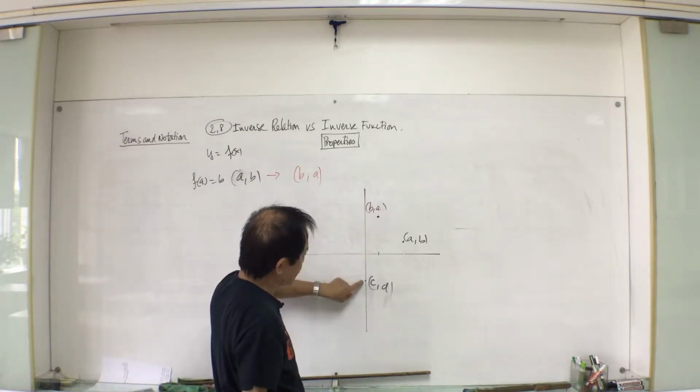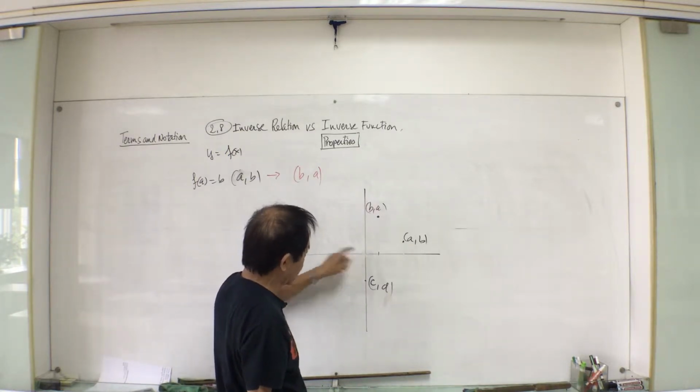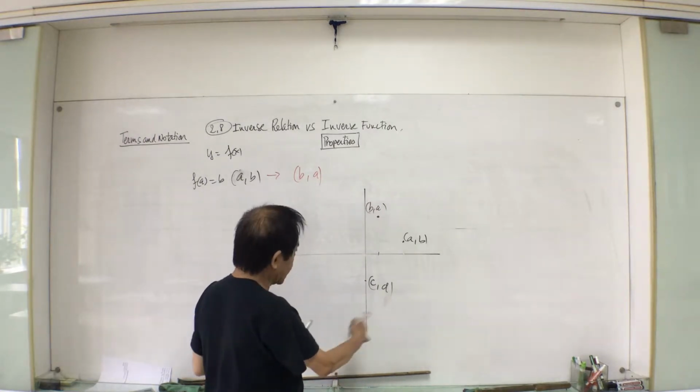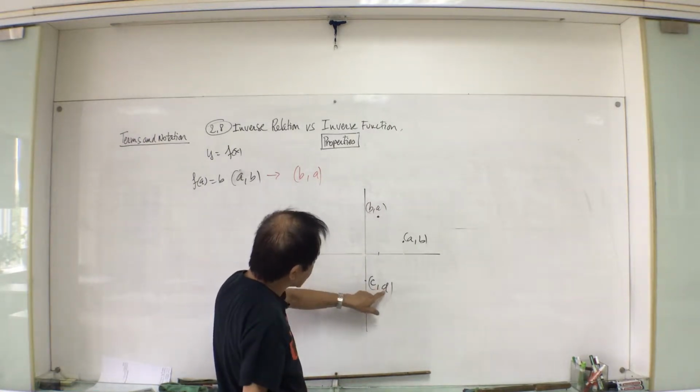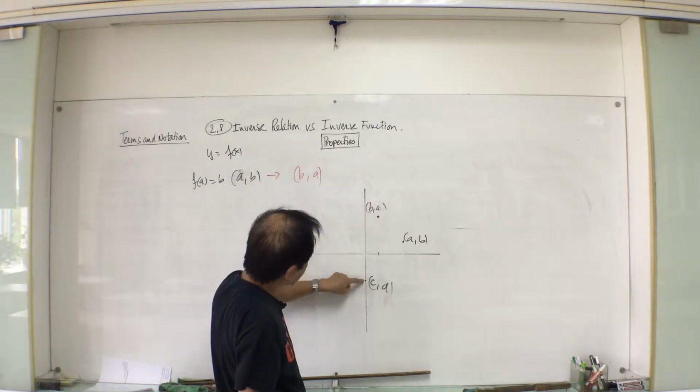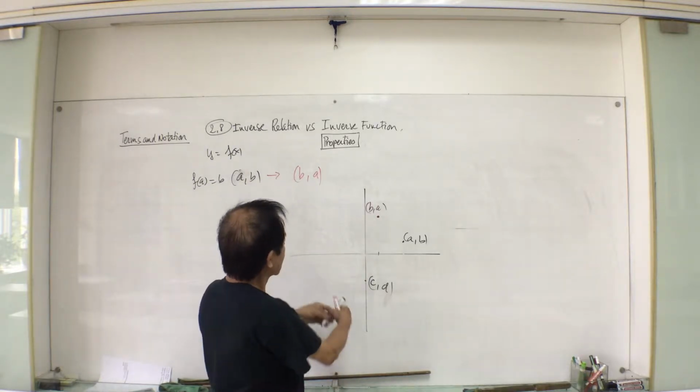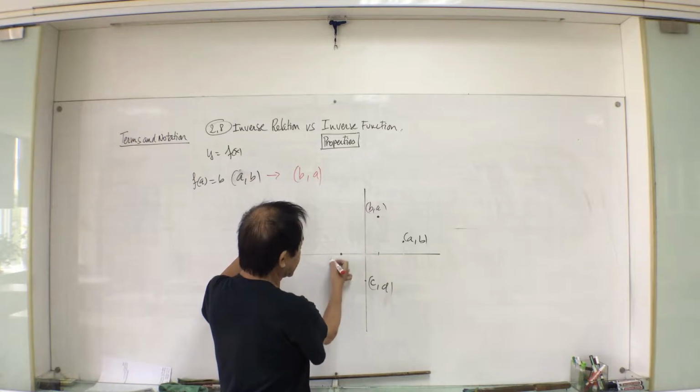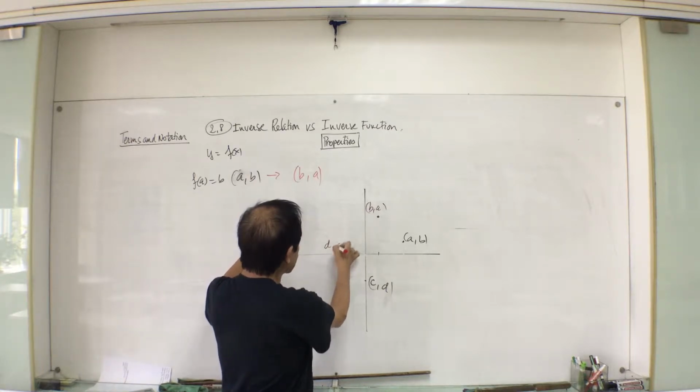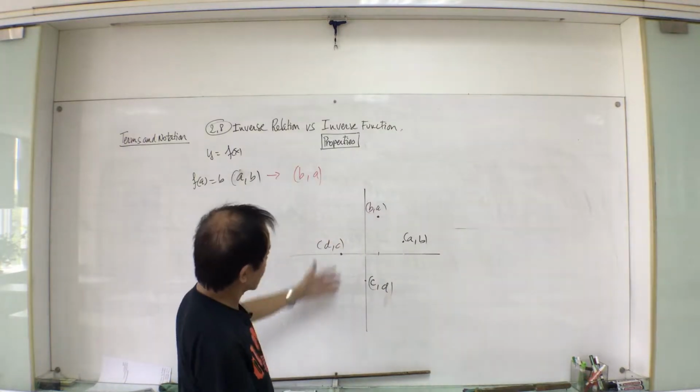I have x equals 0 here, which becomes y equals 0. So x becomes y, but d equals negative 1 here, and c becomes here. So this one here can be (d, c). So you see what it looks like.